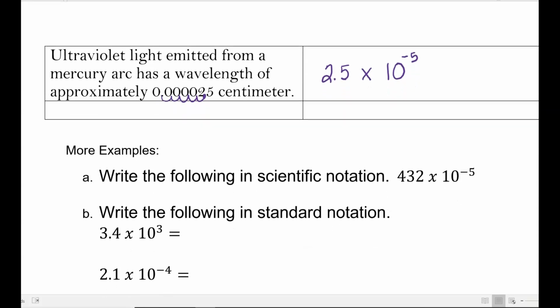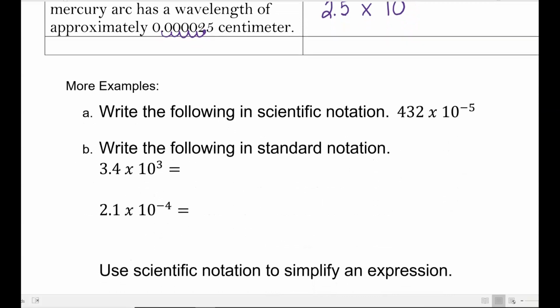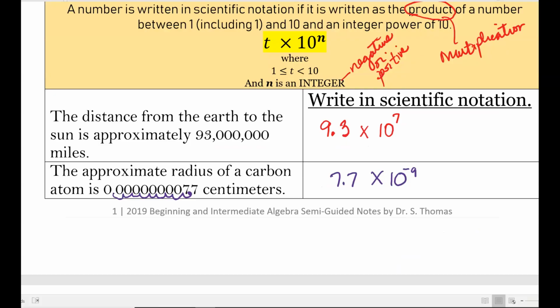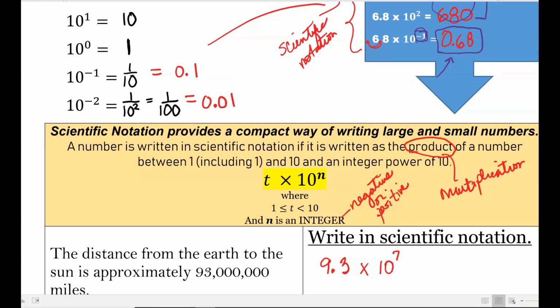Again, let's go to some different type of examples here. Write the following in scientific notation. So this, can you see why this is not scientific notation? So again, if you don't get why, you still need to go back over the definition of scientific notation that's here. It has to be a number that is written as the product of a number between 1 and 10.